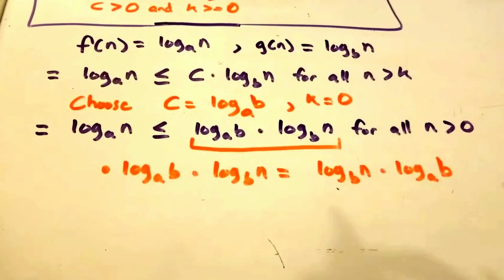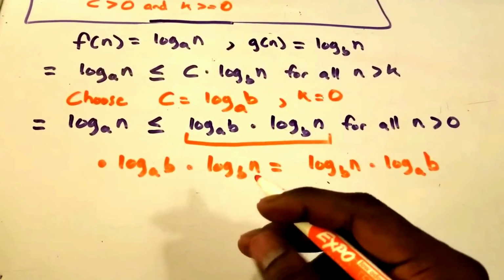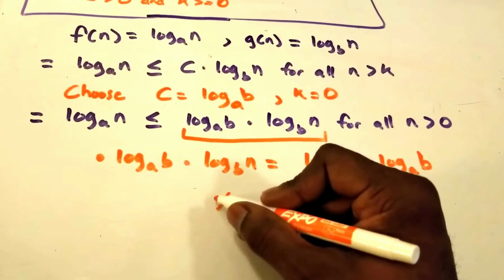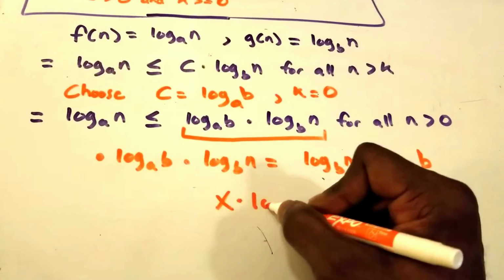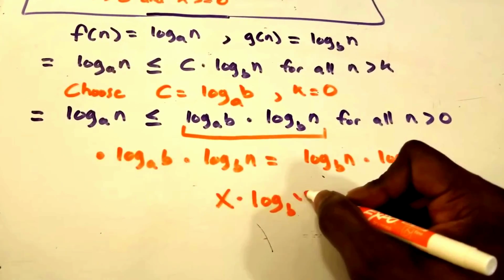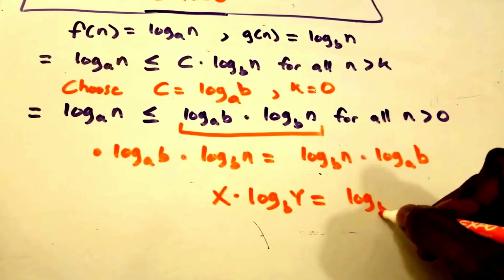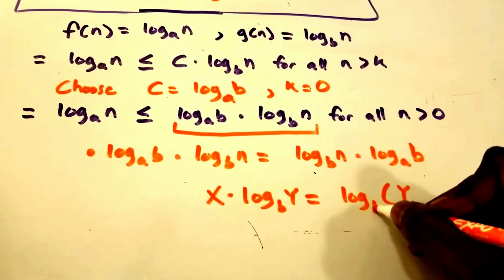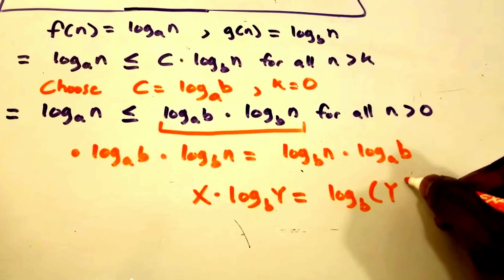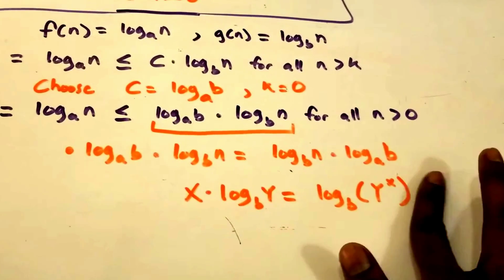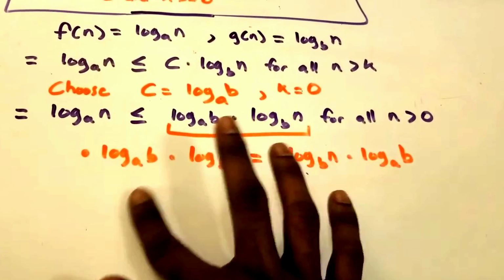Okay, and now what we're going to do is use a logarithm property, which is this. So let's say you have some variable x times log base b of y. This would be equal to log base b of y to the power of x. Okay, so that's what we're about to use here.